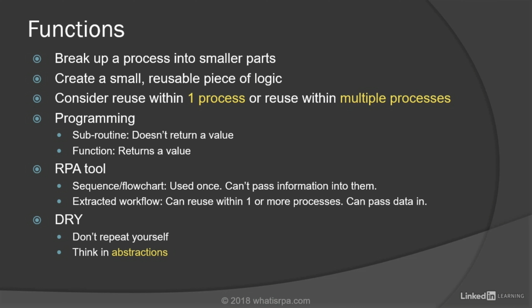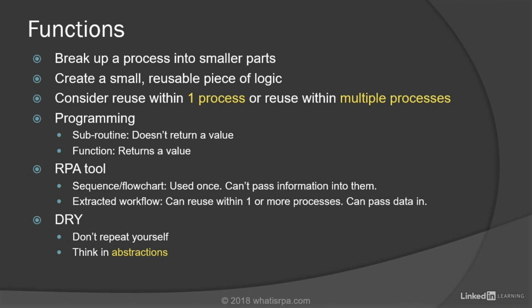You're going to want to be thinking in terms of abstractions, where you close your eyes and you visualize a mental model of what the process does. And if you see certain things that repeat over and over again, that'll be a good clue to you that you could extract that part as a workflow and reuse that either within one robot or across multiple robots. A great example of something like this is logging into a popular website within your organization.